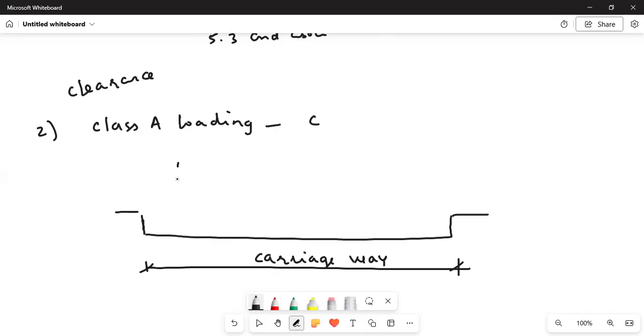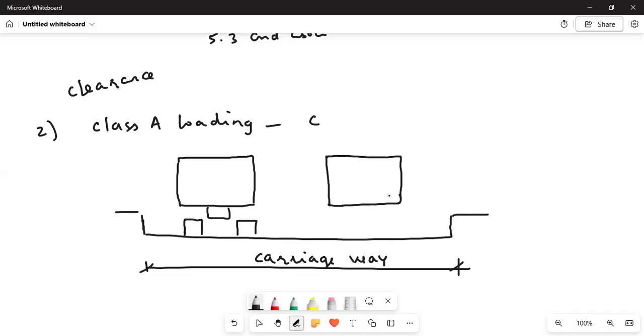This is one vehicle of class A loading, and another vehicle of class A loading. You will be able to see two tires of it, and another vehicle you will show here.